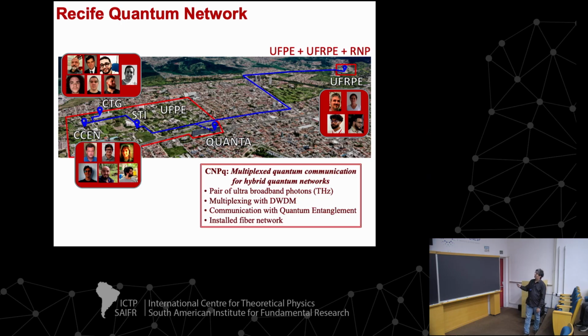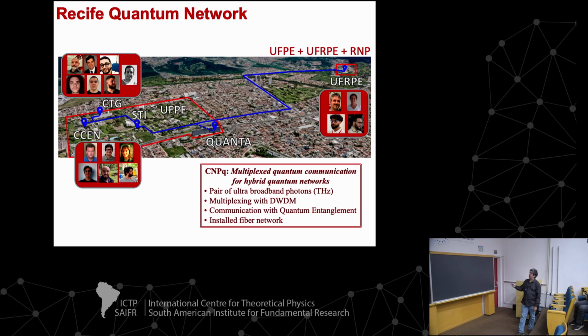And at UFRPE, we have a physics department here that needs to be connected, so we have a central informatics service in both universities. And then we connect everything with this center. And these two centers are connected by RNP. RNP is a Brazilian agency that manages many of these networks.